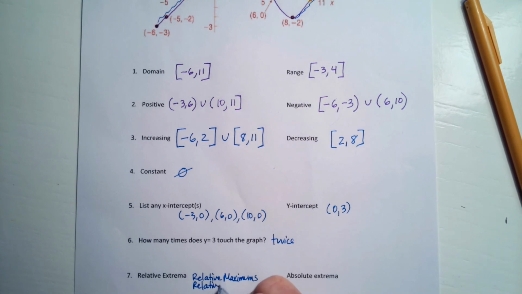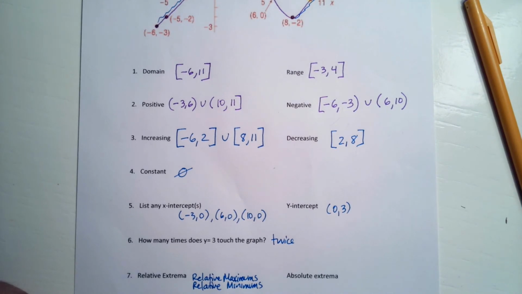Here's how I describe those. I use non-math terms. So for instance, Mount Washington is a relative maximum. Mount Kilimanjaro, relative maximum. Mount Everest, absolute maximum, and also a relative maximum.